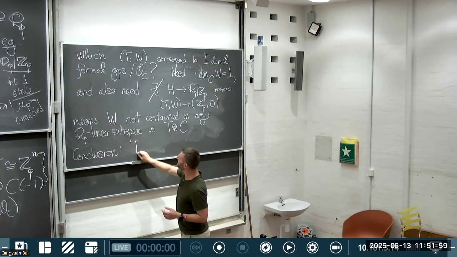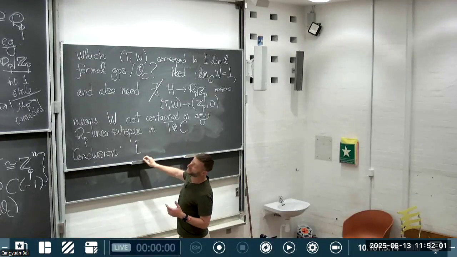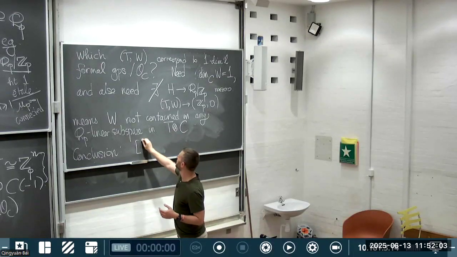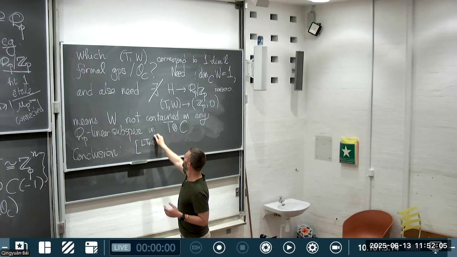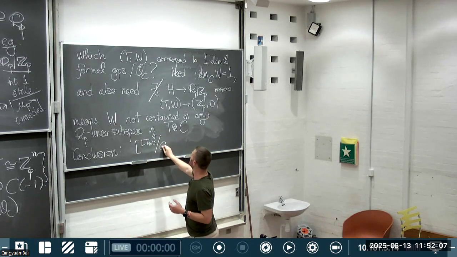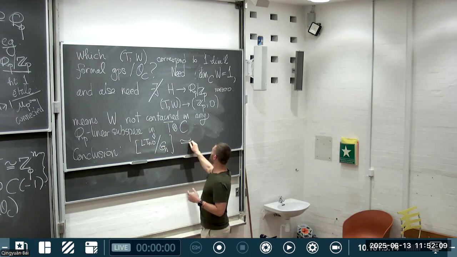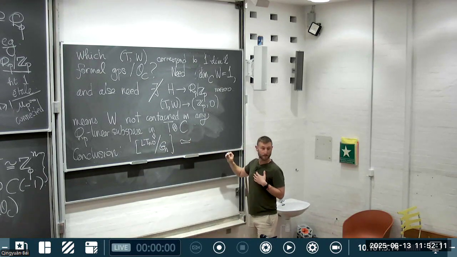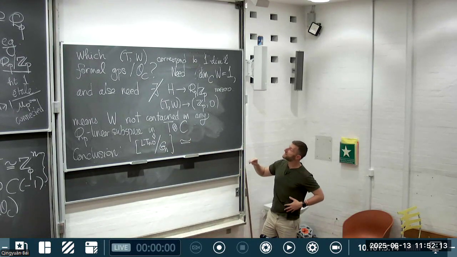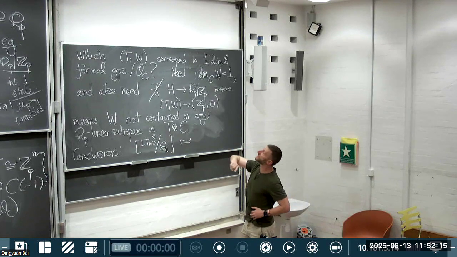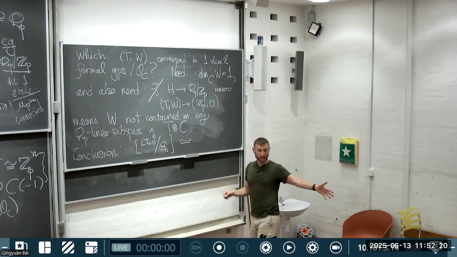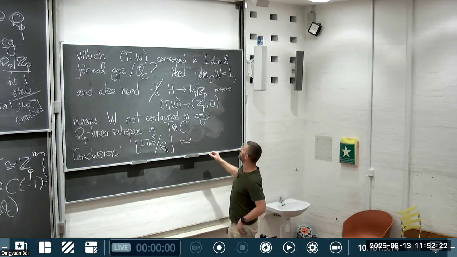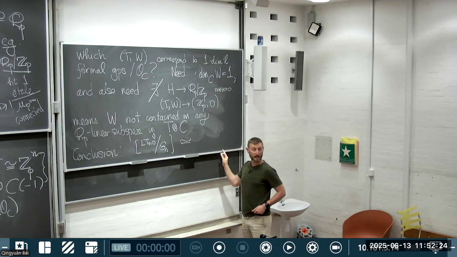is that the stack, which classifies such things, is going to be L T_n^0 modulo G_n. This should correspond with situations where, okay, we've got a T and we've got a W. If you trivialize the T, then the W lives in the projective space P^{n-1}.